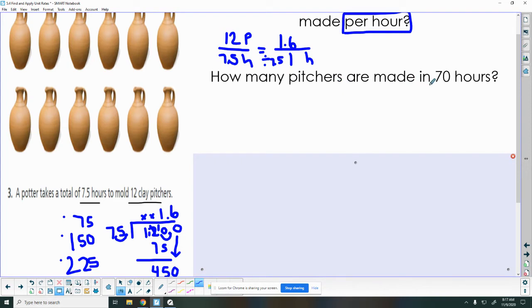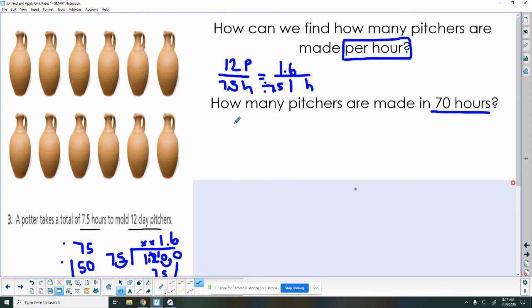So how many pitchers are made in 70 hours? So I know she can do 1.6 pitchers every hour. And I want to know, when there's 70 hours, how can we know how many pitchers there are?